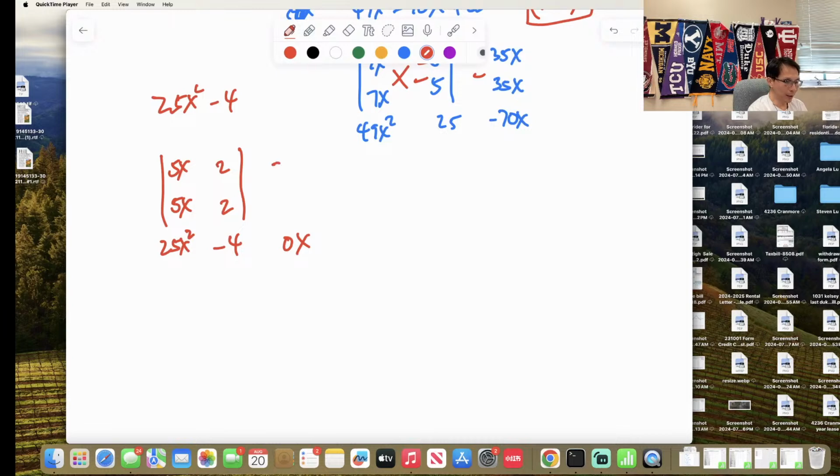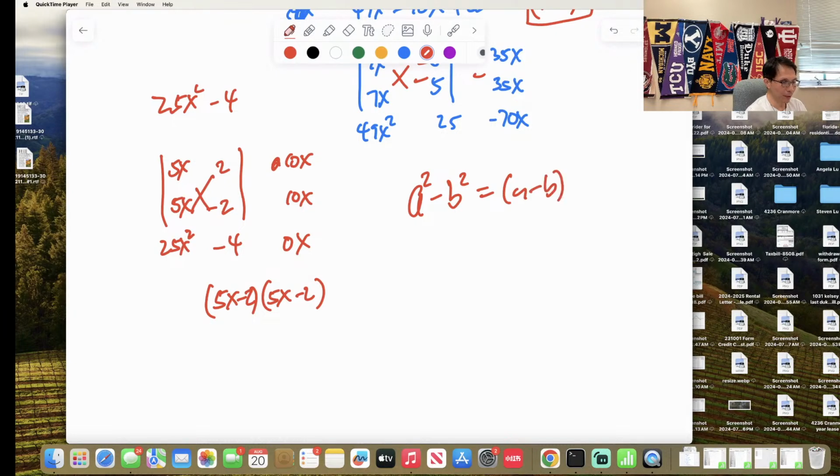In order to get 0x, they have to subtract each other. So it'll be 5x minus 2 times 5x plus 2. Does that make sense? The box method can actually take care of difference of a square if you happen to forget it. But I'd rather you memorize the formula. The formula is going to look like this. And you're going to tell other people, just difference of a square when you explain to somebody else. This formula is very, very important.